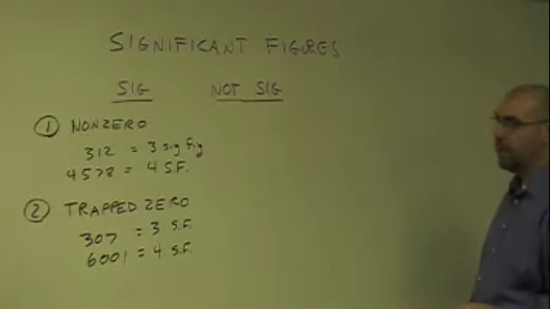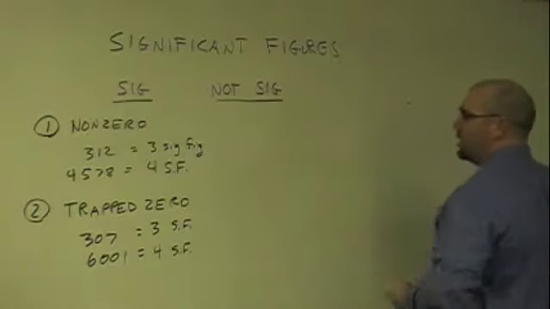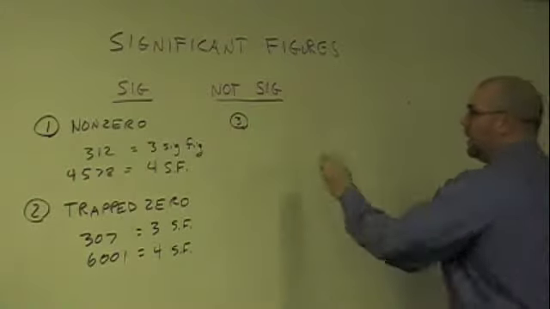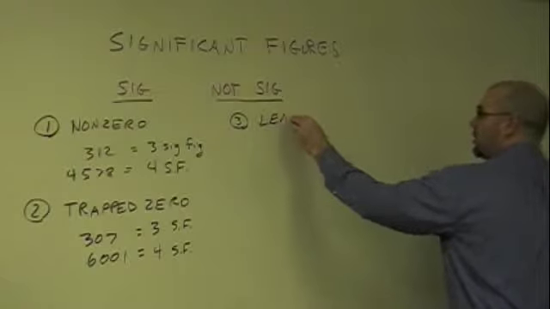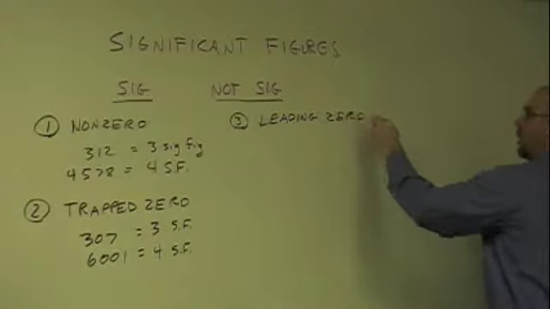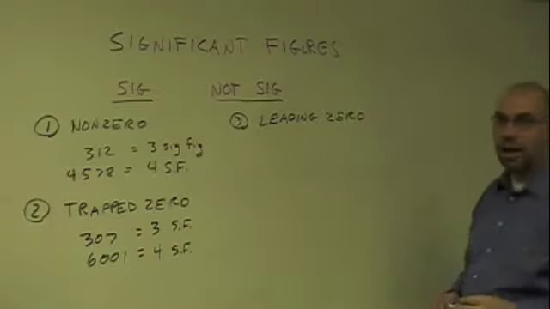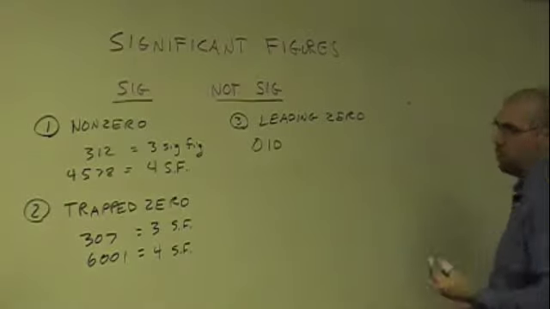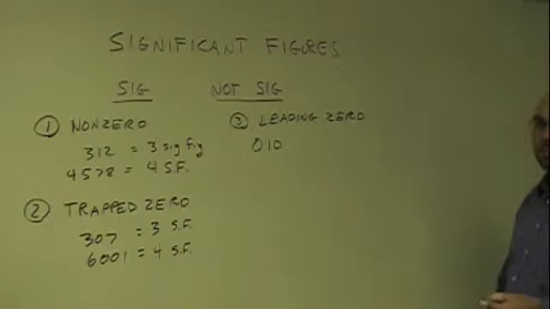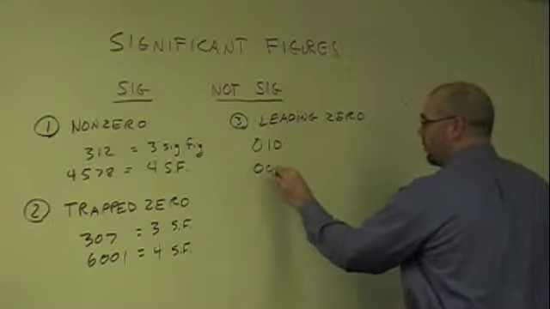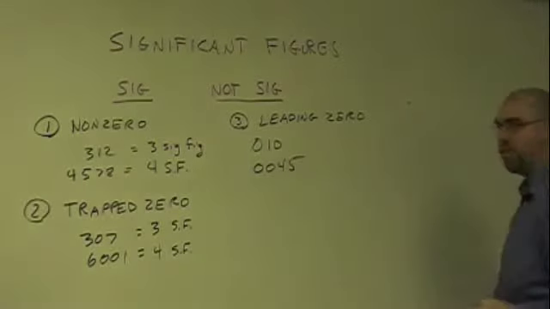Now, in the not significant category is where we get our third rule, and those are leading zeros. A leading zero is a zero out in front. We never see them without a decimal, but that's 10, or we could say that's still 45.